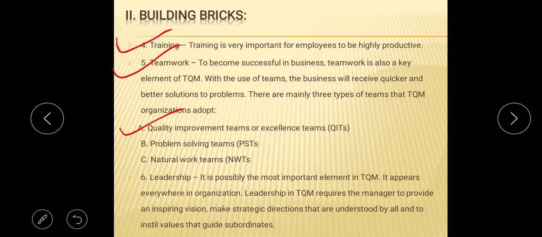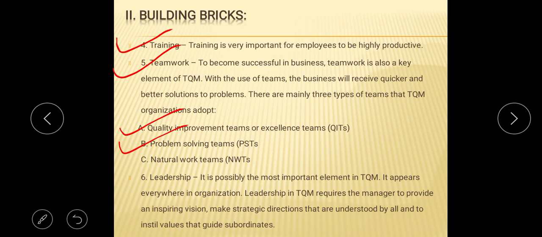These teams are set up for a period of 3 to 12 months. Next one is problem solving teams, PSTs. These are temporary teams to solve certain problems and also to identify and overcome causes of problems. They generally last from 1 week to 3 months.